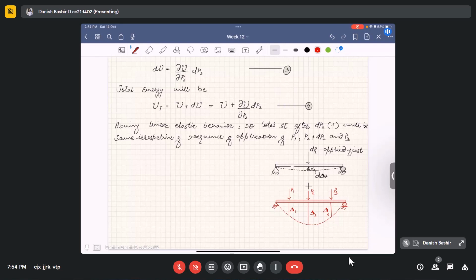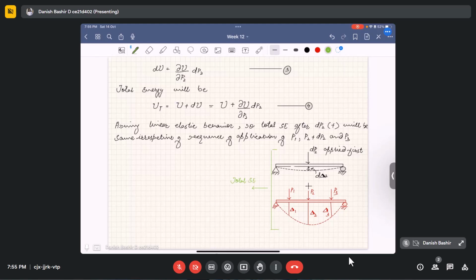So now when we combine both these systems, we will write the total strain energy of this loading sequence.